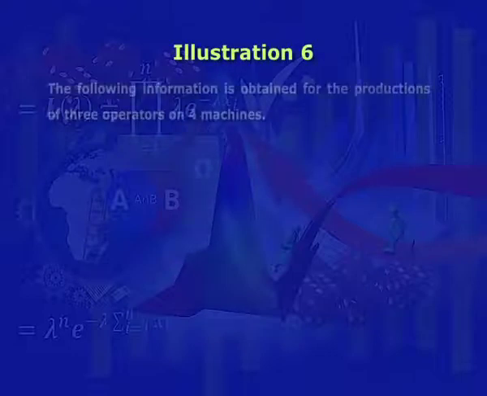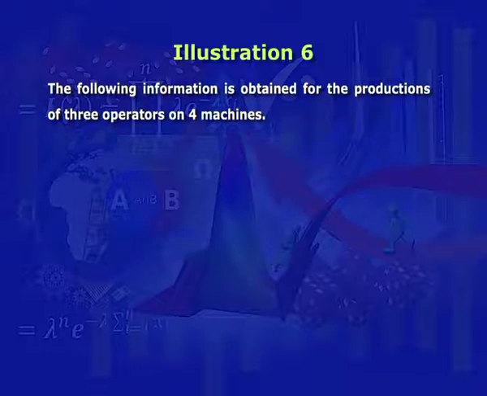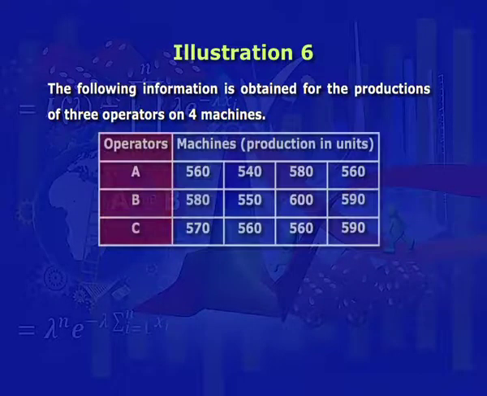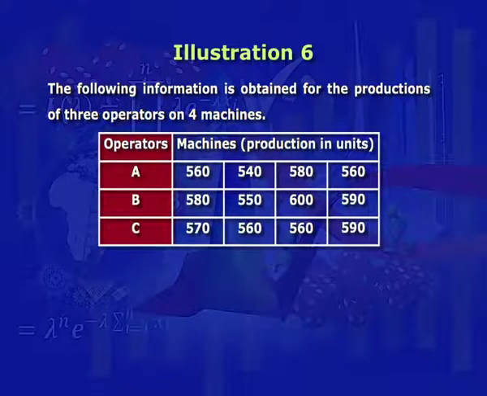Let us see illustration 6. The following information is obtained for the productions of 3 operators on 4 machines. We have 3 operators A, B, C and 4 machines. The corresponding production in units is given in the table. For operator A, for machine 1, production is 560, next machine 540, 580 and 560.